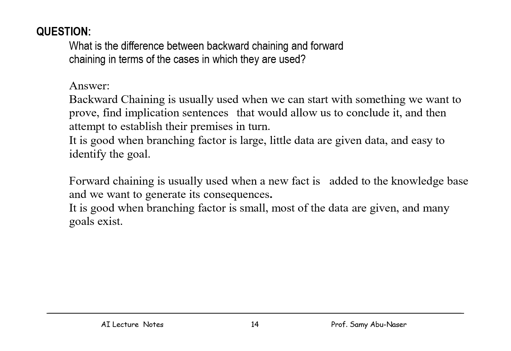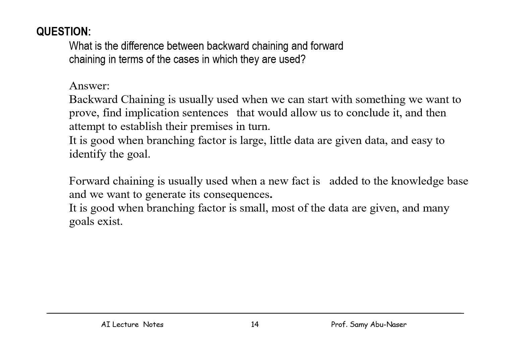If the goal is not easily identified, we use forward chaining. So, in short, for forward chaining, the branching factor is small, most of the facts are given, there are many goals, and the goal is difficult to identify.